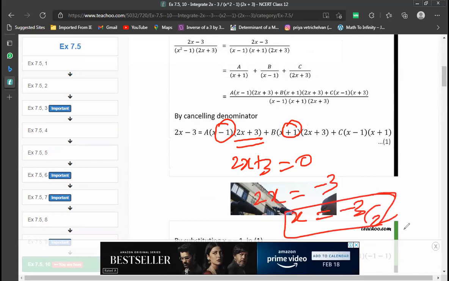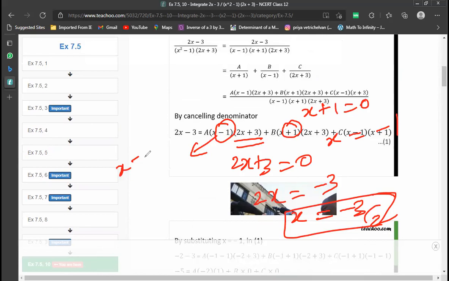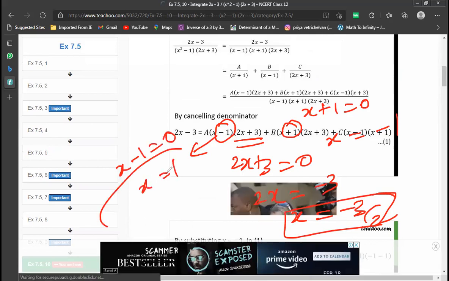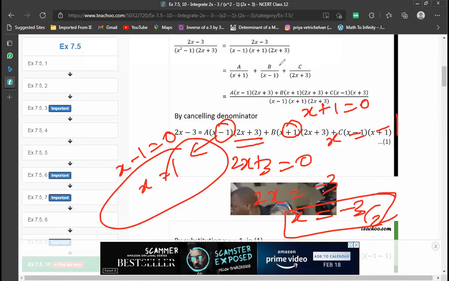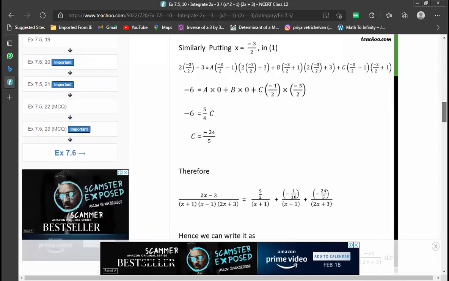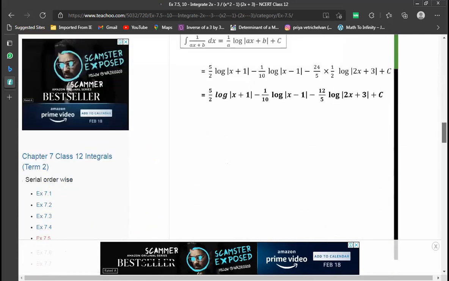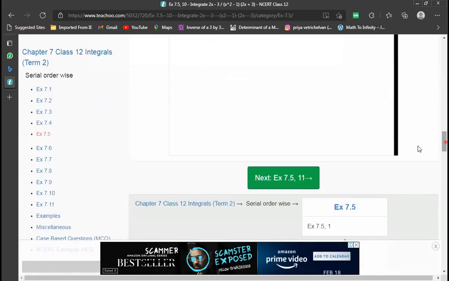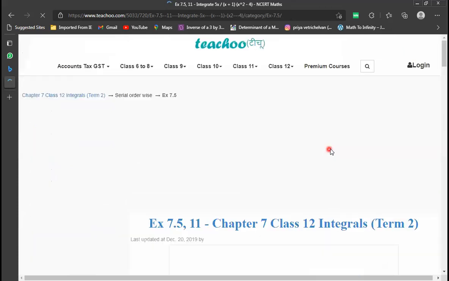So we'll substitute x as -3 by 2, x as -1 and x as +1. Understood? So +1, -1 and -3 by 2. These three substitutions you will make for finding the values of a, b and c and then you do the integration. Clear?